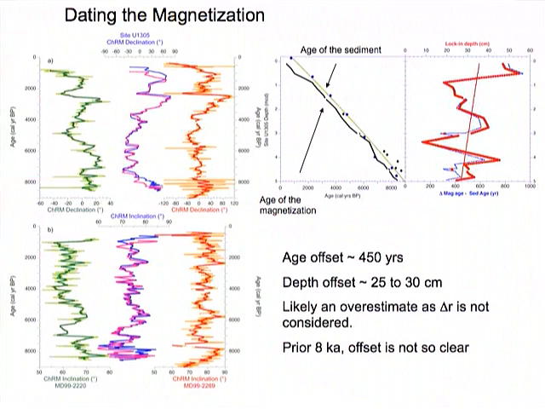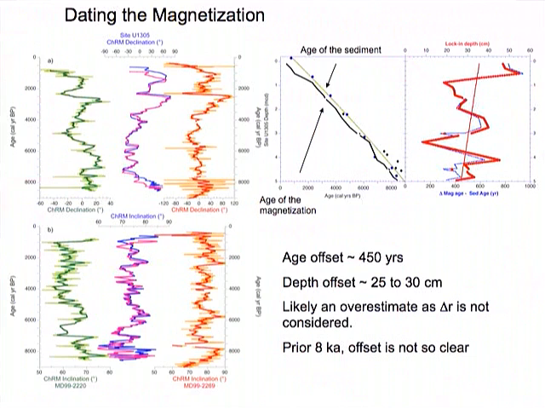This allows us to compare the age model here above with the age of the magnetization below, and this is the offset that you get. It's variable through time. It basically gives us an average of about 450 years offset, with a depth offset of 25 to 30 centimeters.